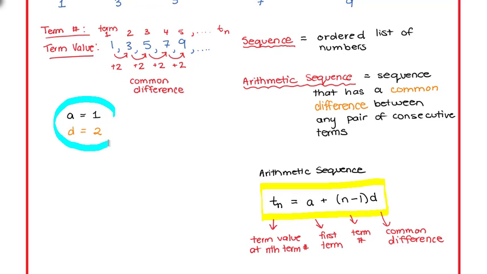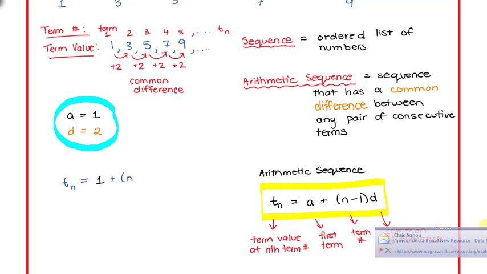So my general equation starts with Tn, which is any term value, is equal to my first term A, which is 1, plus whichever term number I'm looking for, minus 1 times the common difference, which is 2.